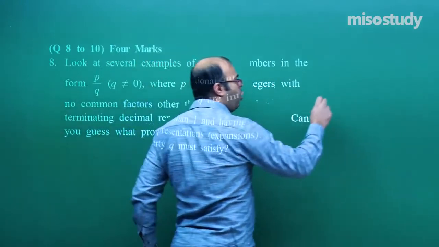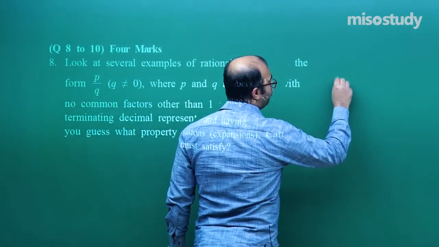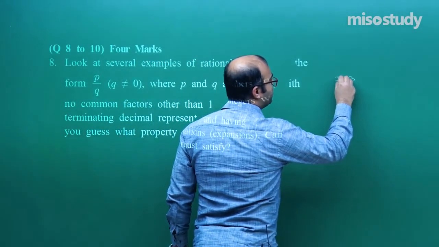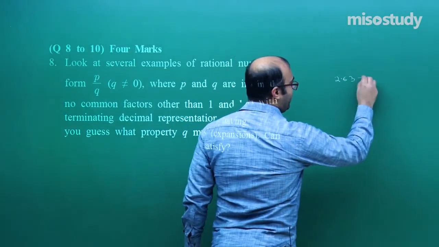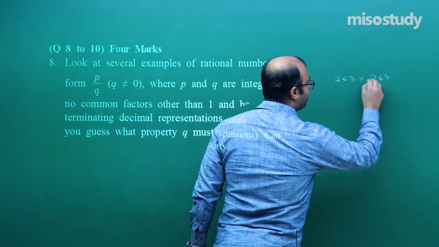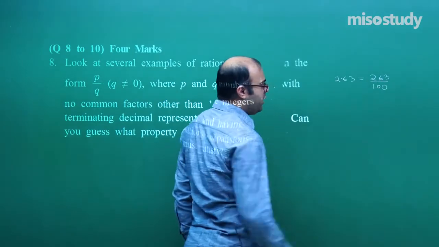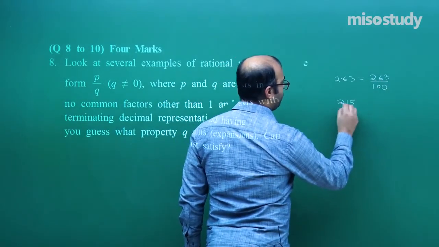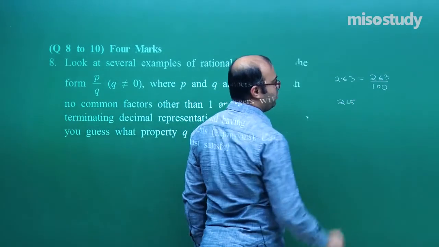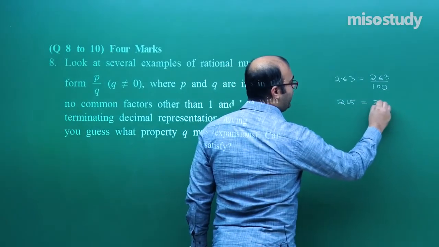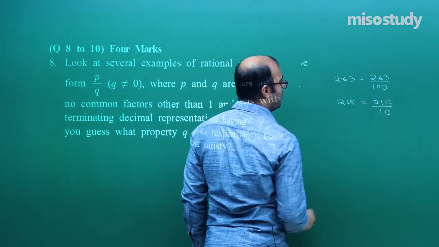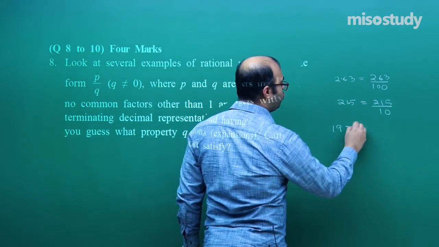So if we consider all such rational numbers, suppose 2.63 terminates. When we write it in fraction form, this becomes 263 by 100. Let us take 21.5, and let us take a point here. Since it terminates, we can write 215 by 10. We can take 19.3201.